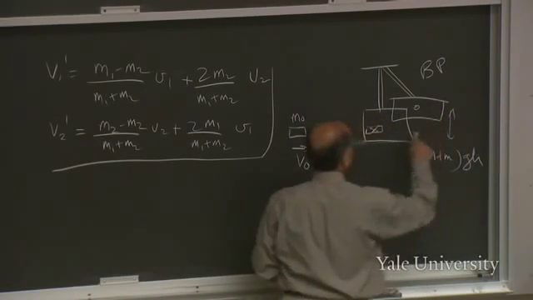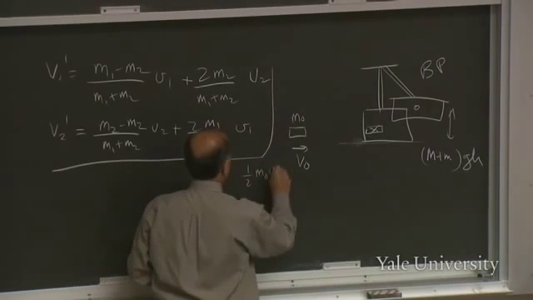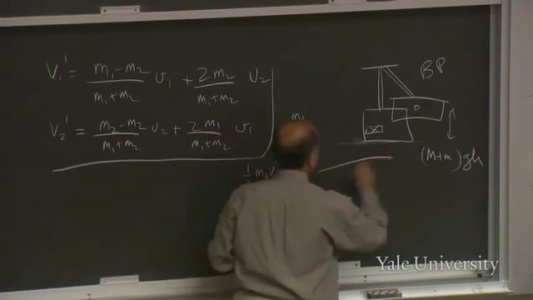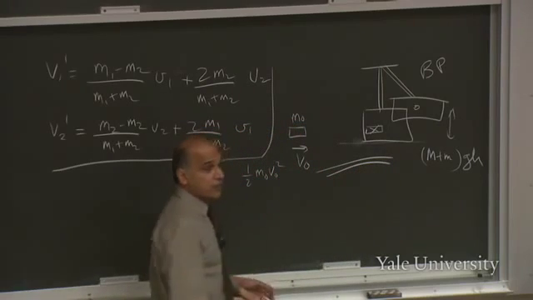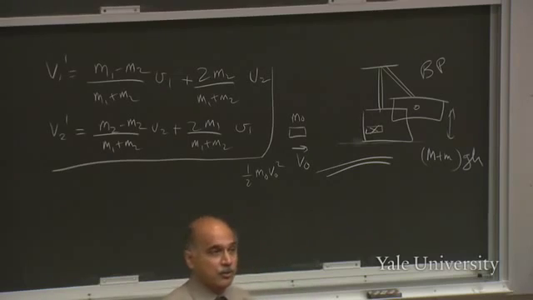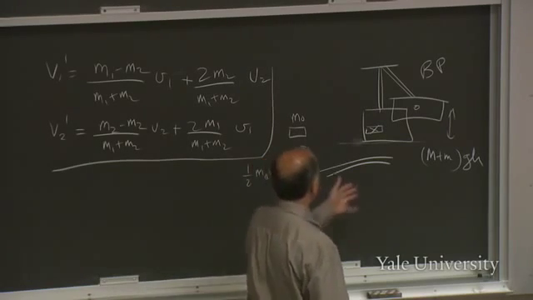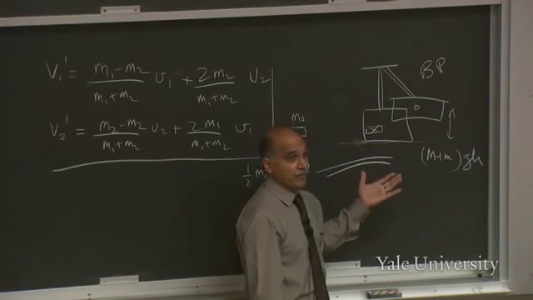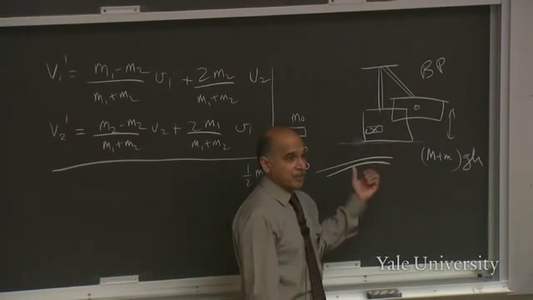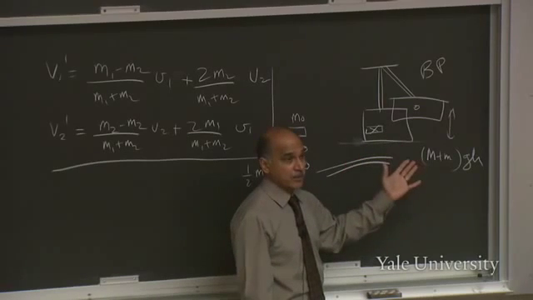That's my potential energy, no kinetic. Initially, I had 1/2 m v0 squared. I equate these two, and I find v0. That would be wrong. That's wrong because you cannot use the law of conservation of energy in this process when there's a totally inelastic collision in the middle. Because what will happen is some energy will go into heating up the block.